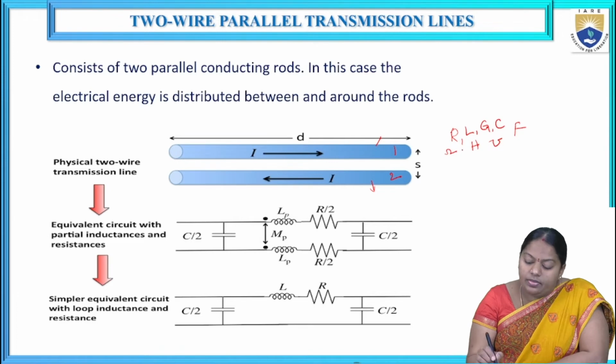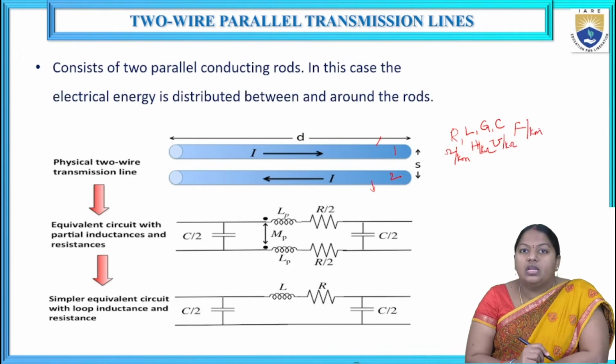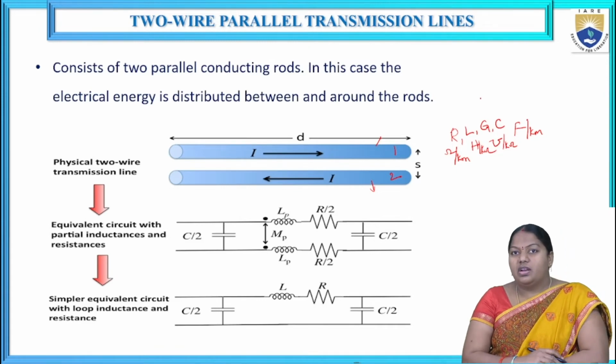Hence, they are measured per kilometer, since the length of a transmission line is generally measured in kilometers. Hence, the resistance, inductance, conductance and capacitance of a transmission line, these four, are called the primary constants of a transmission line.